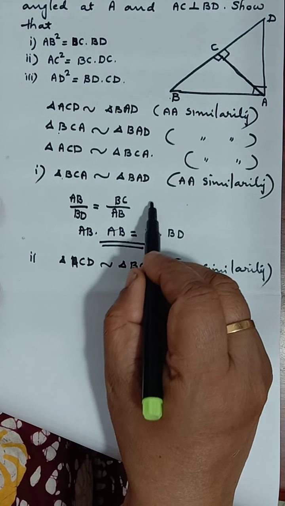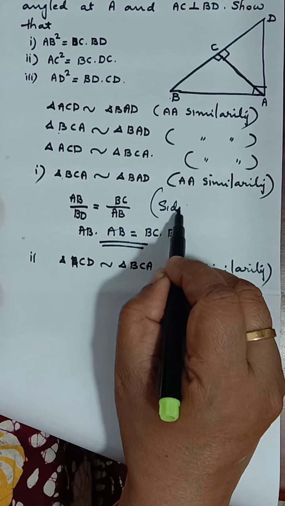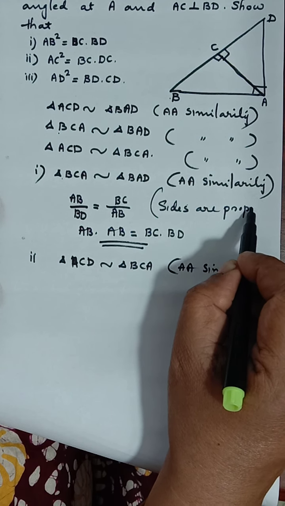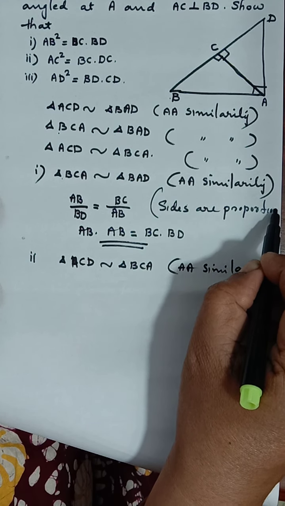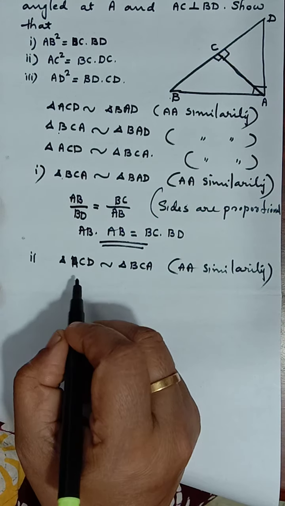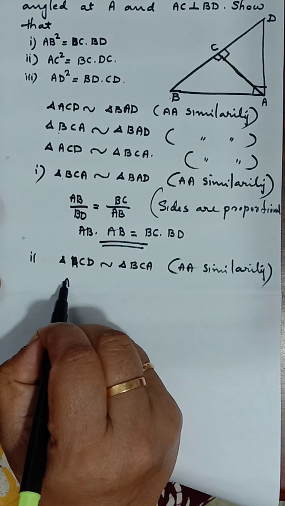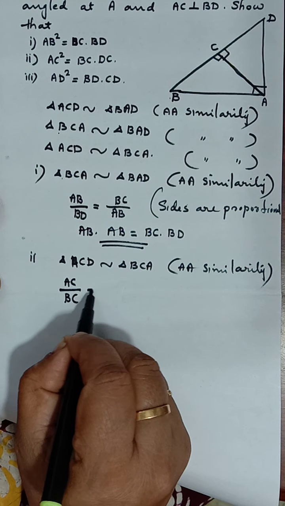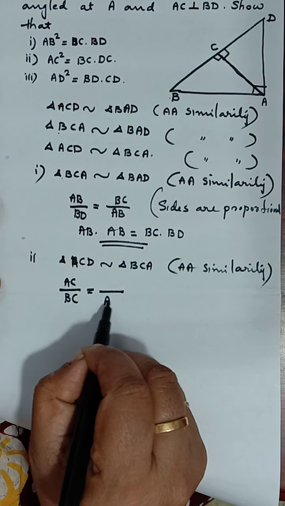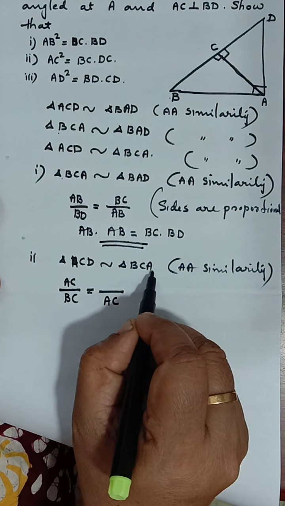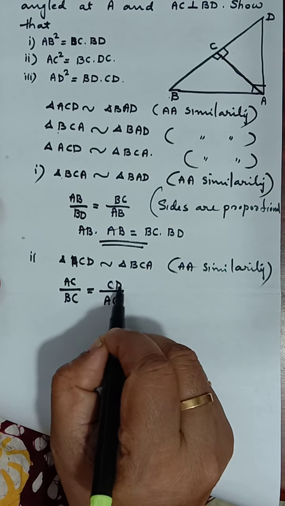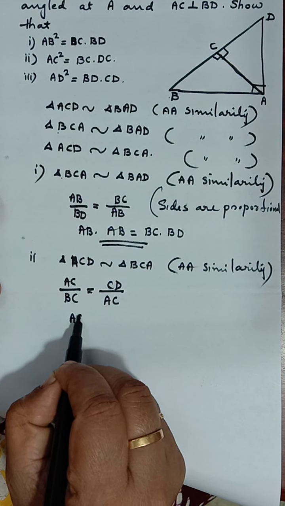Therefore, children, we have to write sides proportional. Sides are proportional. Here let us write AC by BC equal to, here we need AC in the denominator, that comes here AC, and DC. DC is the same as CD. Now let us cross multiply.